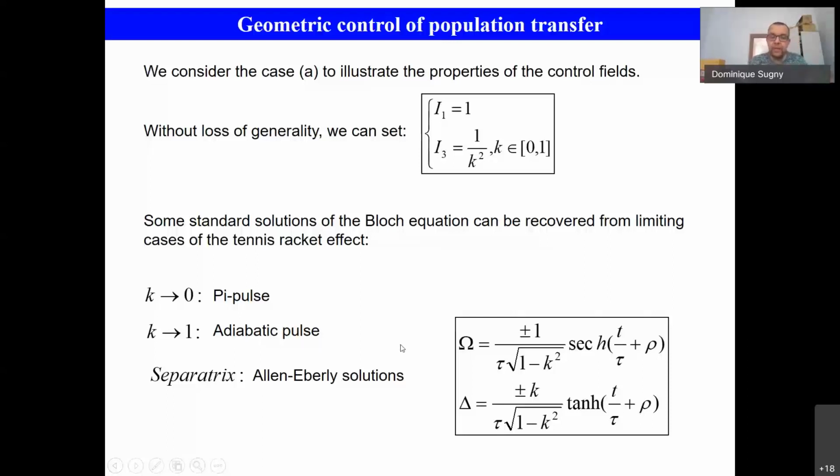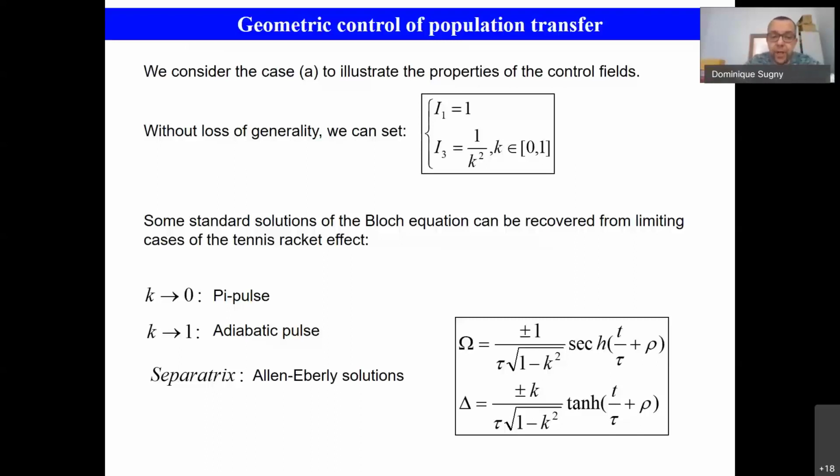But the interesting point is that we have a very interesting family of control pulses with, as a limit, the resonant pulse and, in the other limit, the adiabatic pulse.